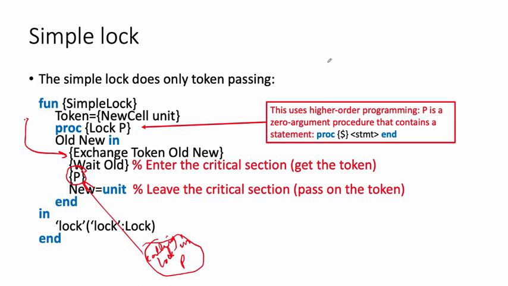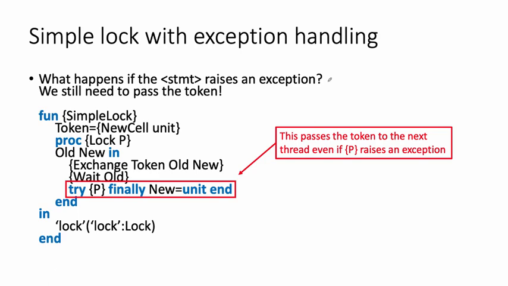First, let me do a small extension to simple lock. Let me add exception handling. So we want to make our locks completely good, realistic. I'm not showing you toy code. I'm showing you real code that you can use in a real system, which means that we have exception handling that can mess things up. What happens if P raises an exception? Wow, we have to handle that.